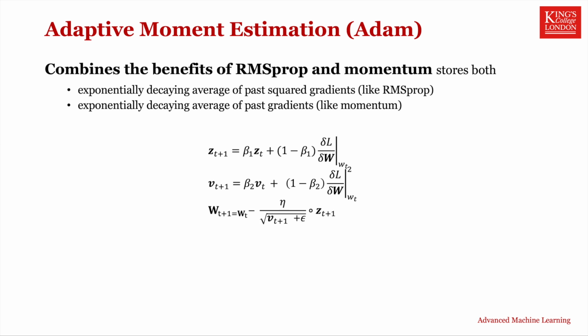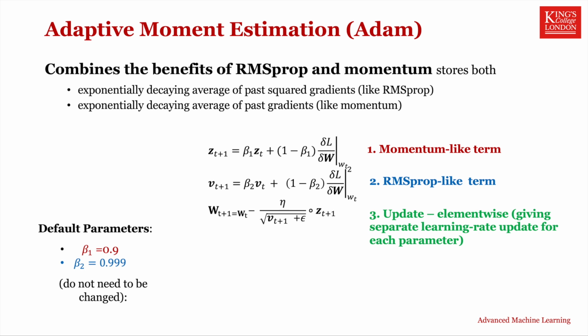The popular ADAM, or adaptive moment estimation approach, therefore arose as a result of seeking to combine these two types of method. Thus, the learning rate is adjusted by dividing through by the square root of v plus epsilon as before for RMS prop, but in contrast to RMS prop, the update step is a moving average of accumulated gradients like momentum. Note the parameters beta1 and beta2 here are pretty much always set to the following values and do not need to be changed.